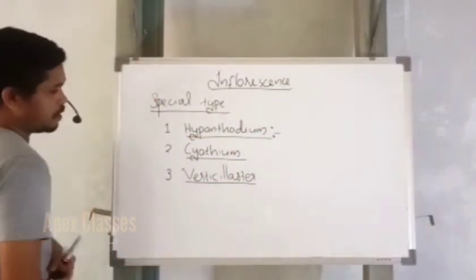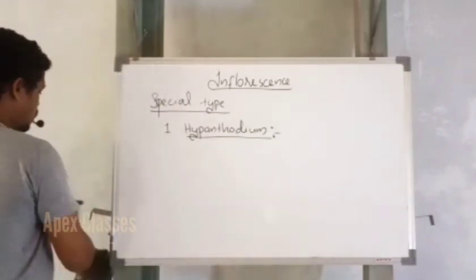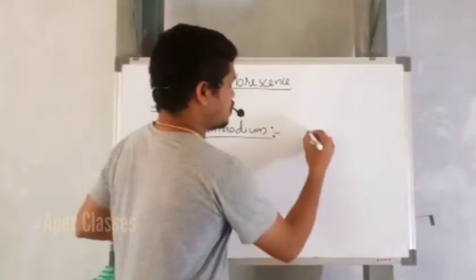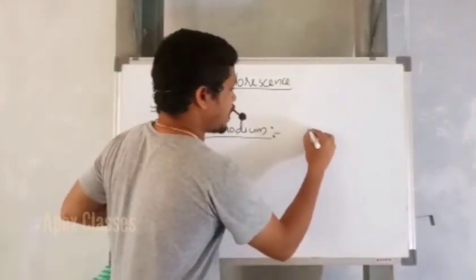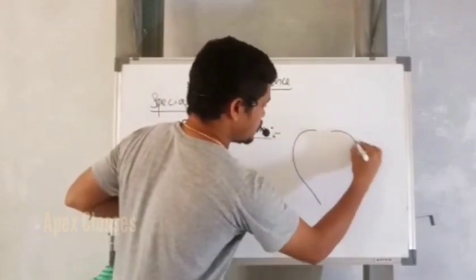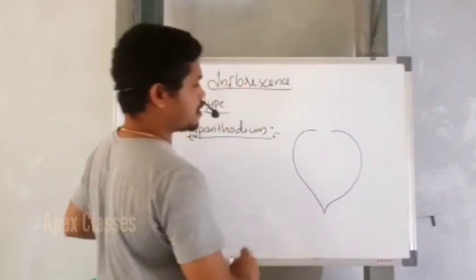The first type is a hypanthodium. In hypanthodium inflorescence, the main axis forms a cup-shaped receptacle.